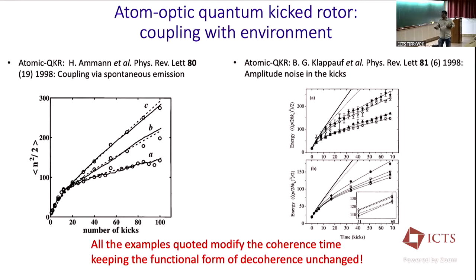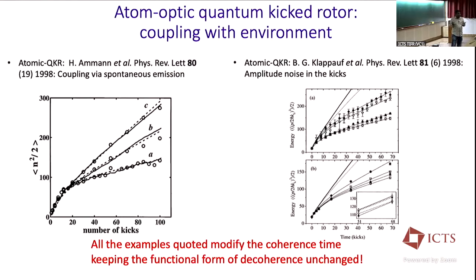And people did demonstrate this by doing a couple of things. For example, if you bring in randomness in the kicks, that's like a perturbing mechanism. If you put resonant light, that's like a perturbing mechanism on this momentum distribution, which is localized. And the energy growth, which was initially saturating, starts increasing, and then you start pushing the system towards the classical regime.